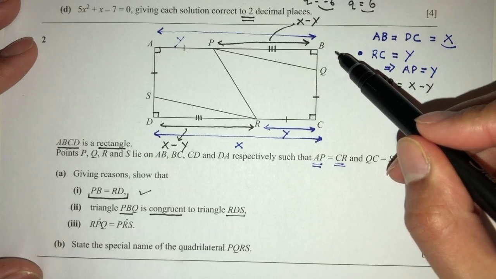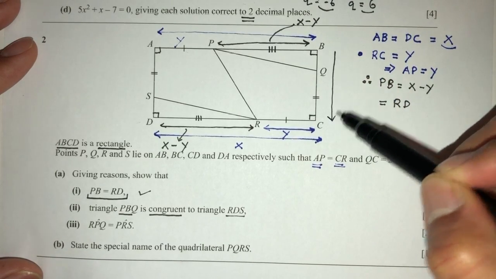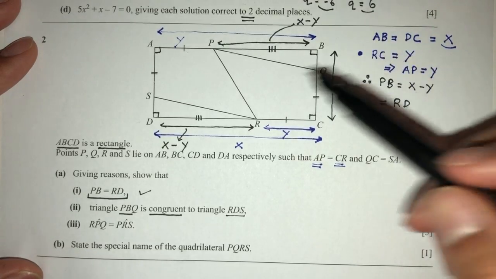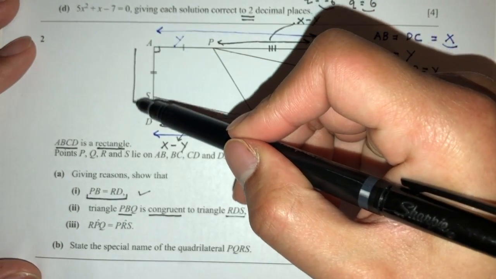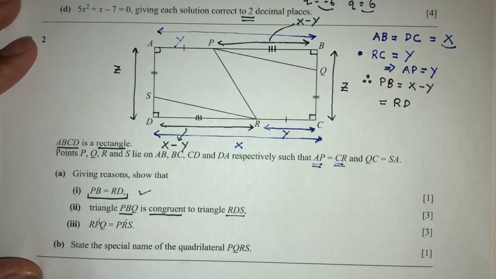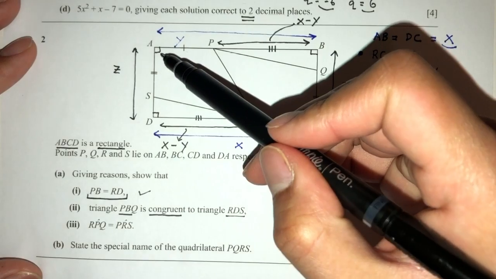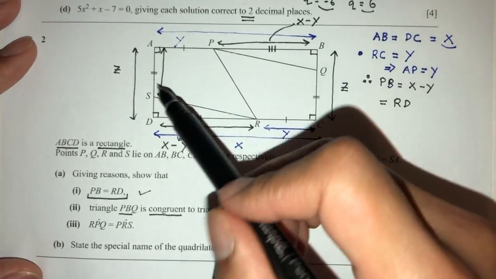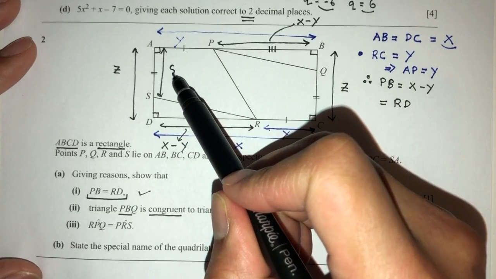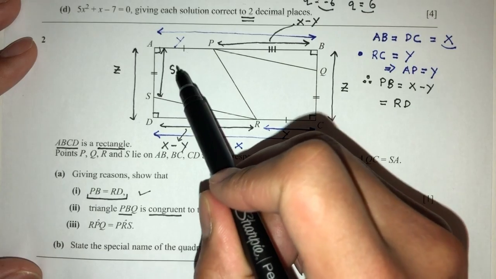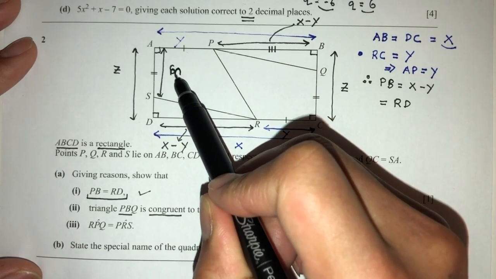Now, if you let BC equal Z, this will mean that AD also has to be Z. For example, now AS, we can let that be S. Oh, we have S already, let's choose something else. Let this be M, for example.